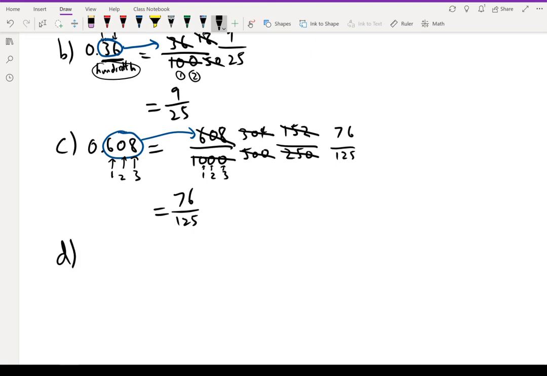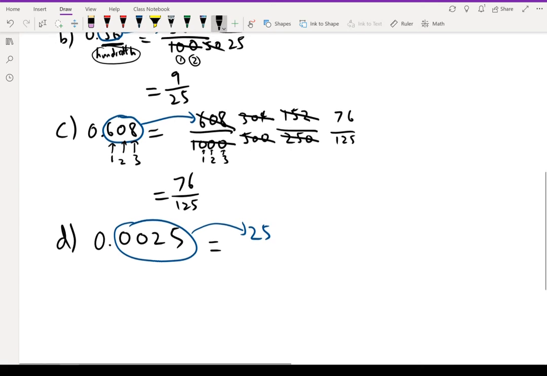And last one, this one may be a little bit more confusing. D will be 0.0025. How do we convert this into a fraction? Now, we still do the same thing. We look at the number after the decimal. Now, writing 0025 is actually the same as just writing 25. So when we convert it to a fraction, 0025 is the same as 25 at the top.